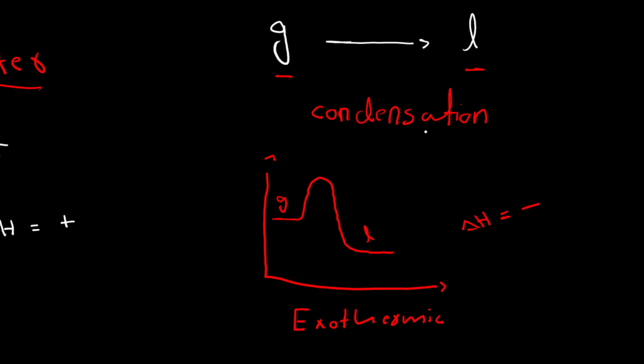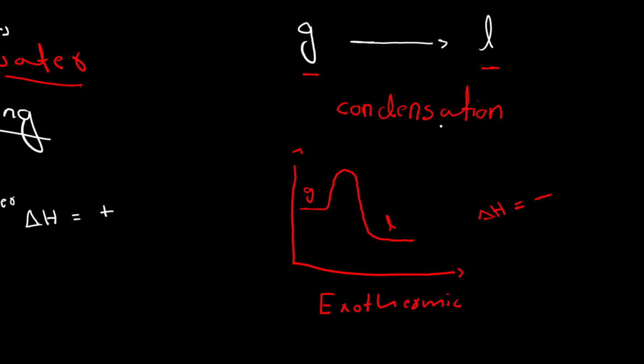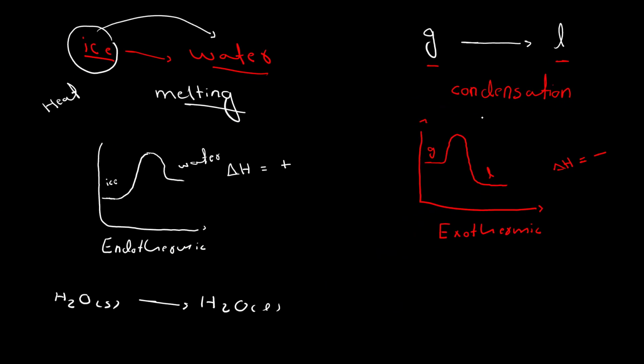And if we come to another example of exothermic and endothermic reaction, we can say that we convert a solid to a liquid, and after that it converts to a gas, right?